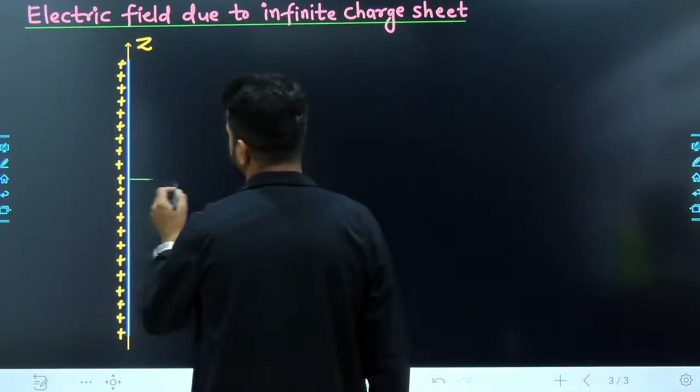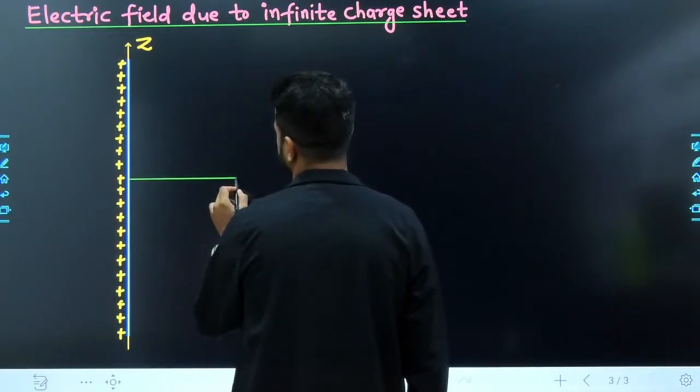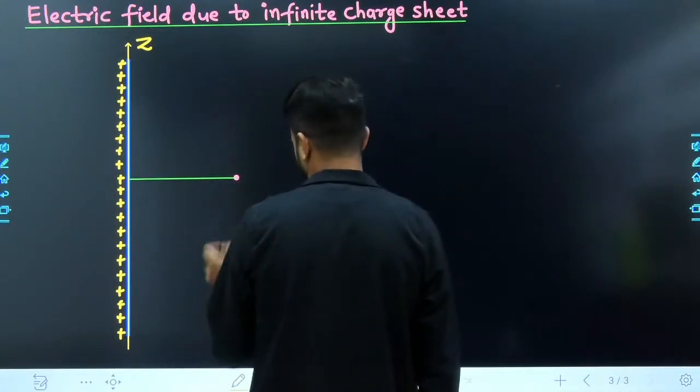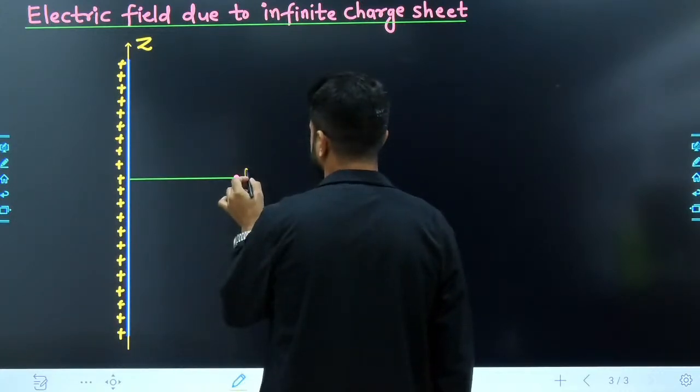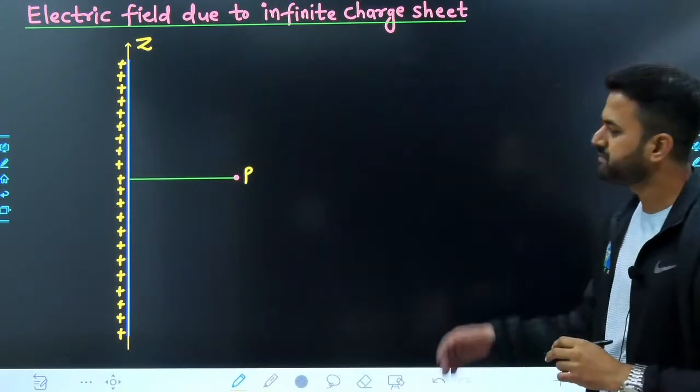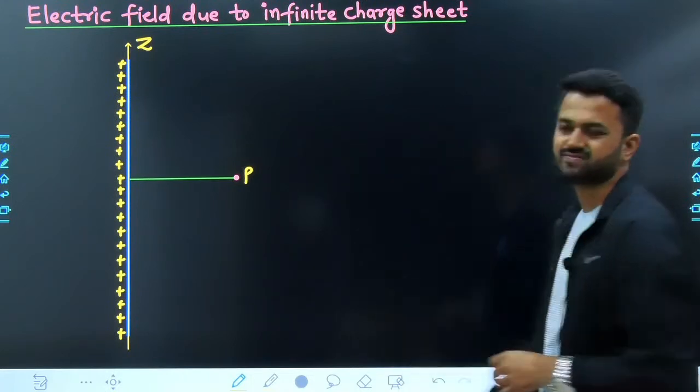And we want to calculate the electric field at point P. Say this is the point P. This point P is having some coordinate x, y, z, say.